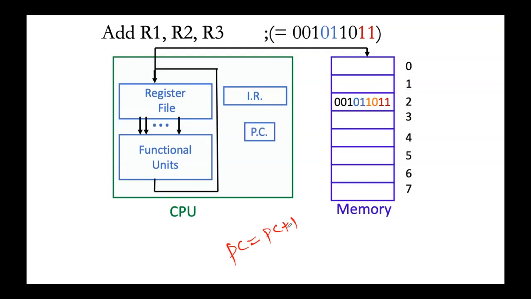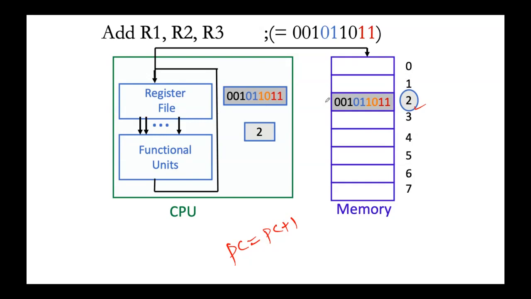Initially the program counter doesn't have any address, so it will hold the address of the first instruction, and whatever instruction is at the address inside the PC will be fetched and stored into the instruction register. So the fetching phase is over.